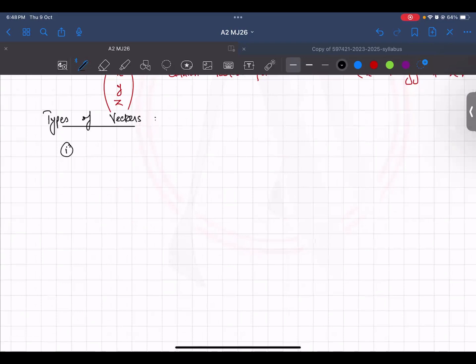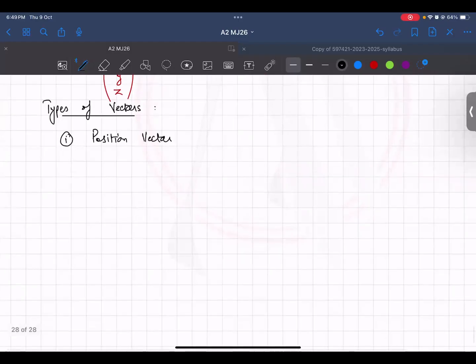The first one is position vector, the vector relative to the origin, connected to the origin.